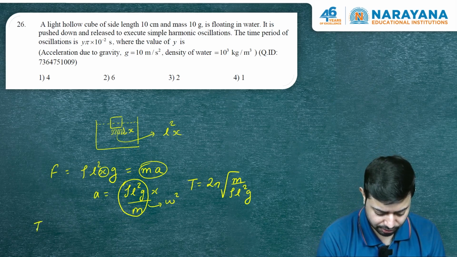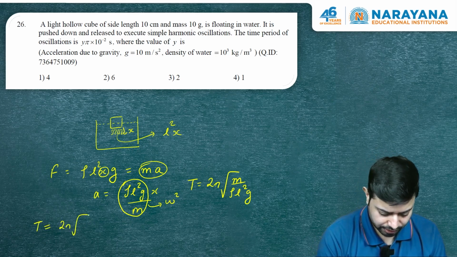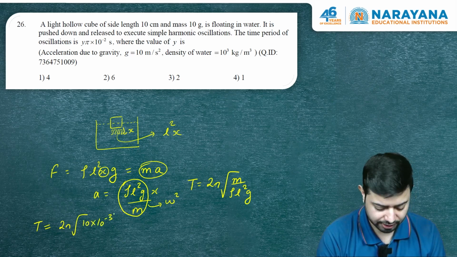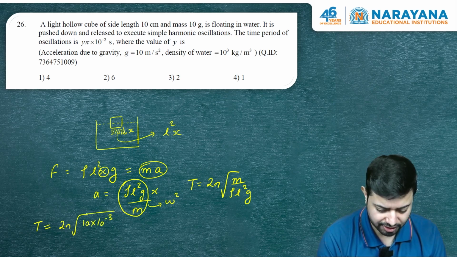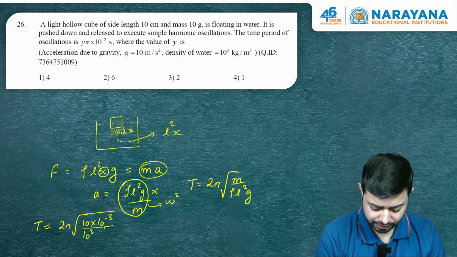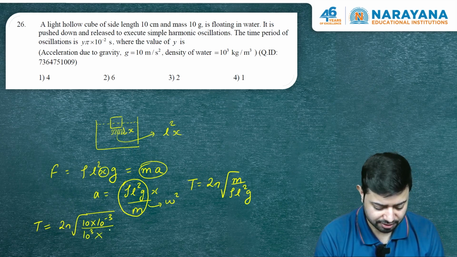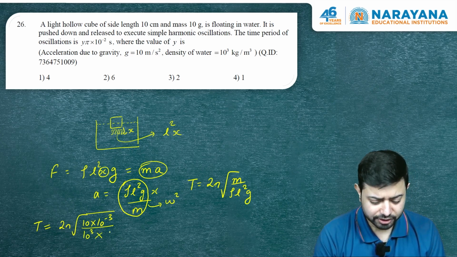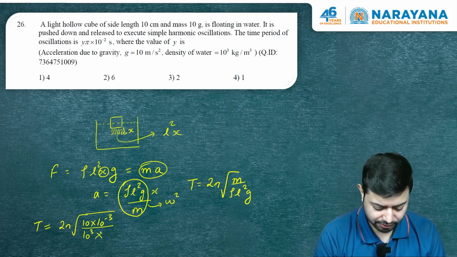So my time period of this SHM is going to be 2 pi root of mass 10 gram, so 10 into 10 to the power minus 3 in kg, taking SI units, divided by rho, 10 to the power 3, into L square. The length is 10 centimeter, which is 10 to the power minus 1, so its square will become 10 to the power minus 2, into 10.